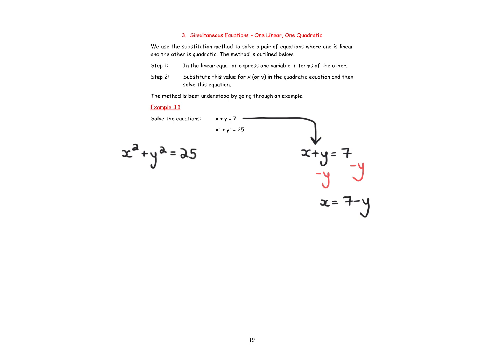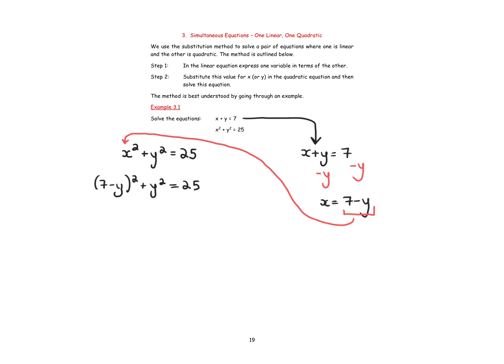Because I know that x is equal to 7 minus y, I'm going to replace the x in the second equation with what I know it is, which is 7 minus y. This will leave us with (7 minus y) squared plus y squared is equal to 25.